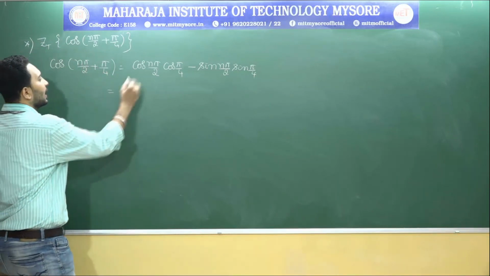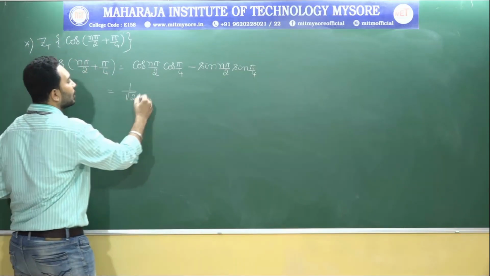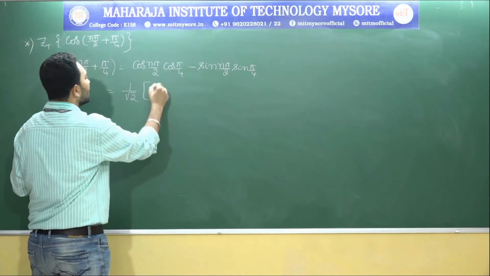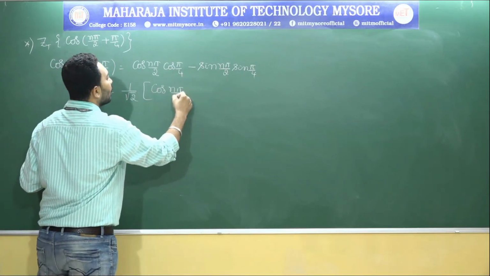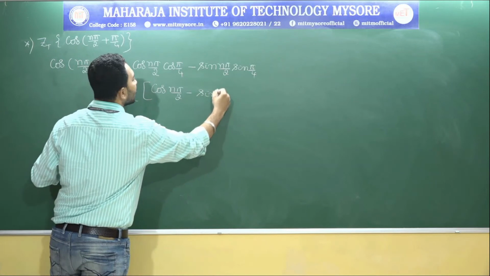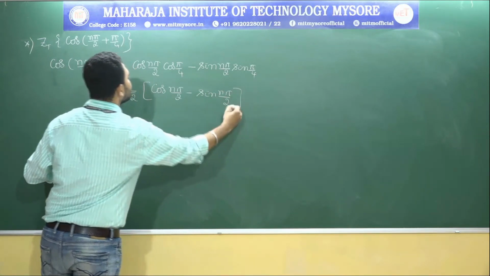Taking 1 by root 2 common: cos n pi by 2 minus sin n pi by 2.